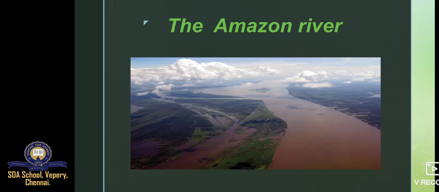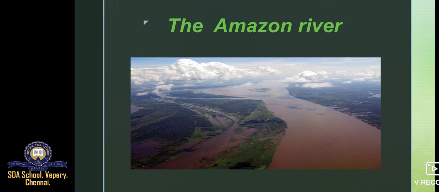Now we'll see the Amazon River. This is a picture of the Amazon River. It is the most important river of South America. It is the second longest river in the world.